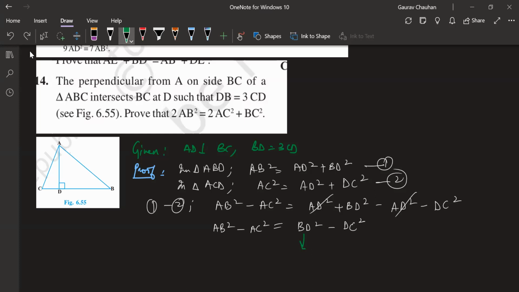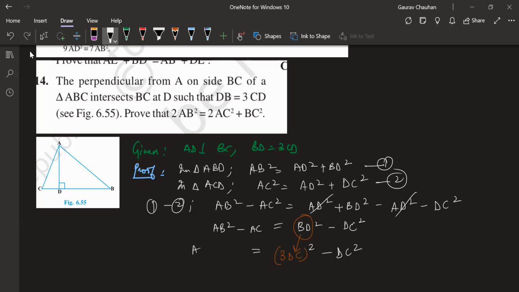So in place of BD, guys, I hope you are following here, I am going to write 3CD. So this will become 3DC the whole square. The whole square is coming because there is already a whole square here. Guys, tell me if this step is clear for you or not.